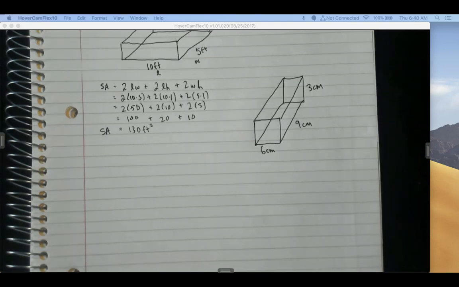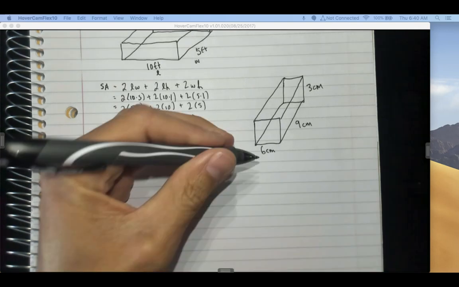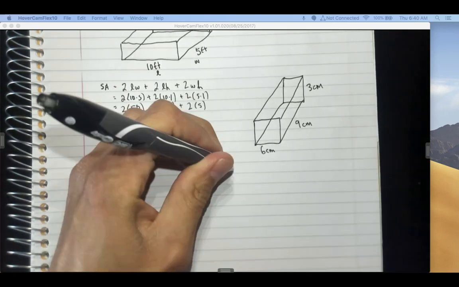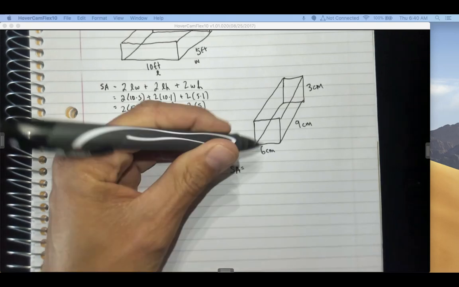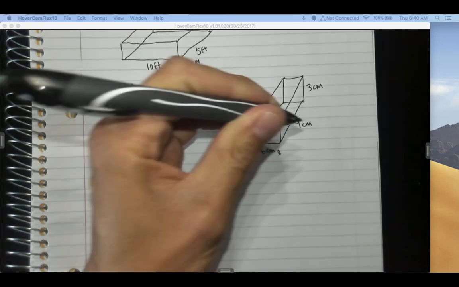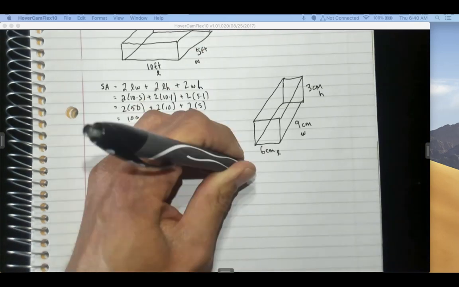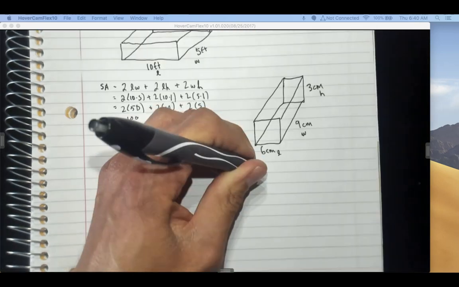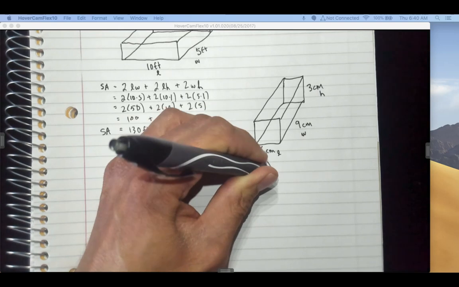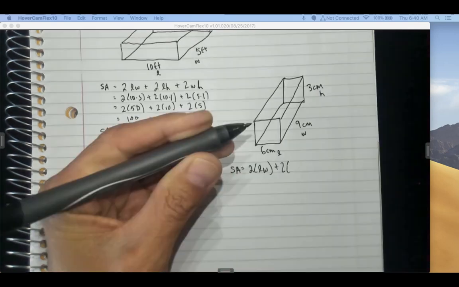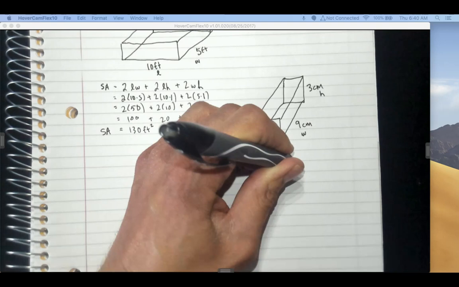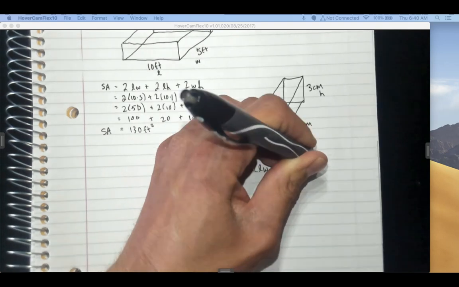For number 2, the surface area for this one is going to be, let's say this is the length again, this is the width, this is the height. It would be 2 times the length times the width plus 2 times the length times the height plus 2 times the width times the height. Okay?